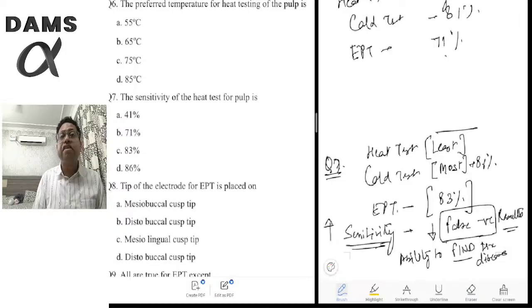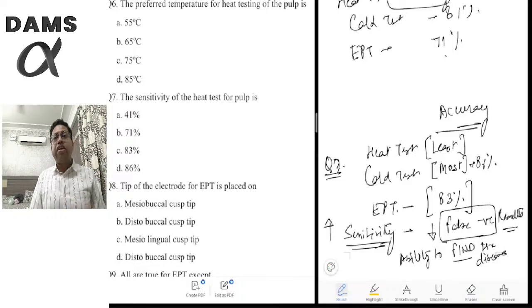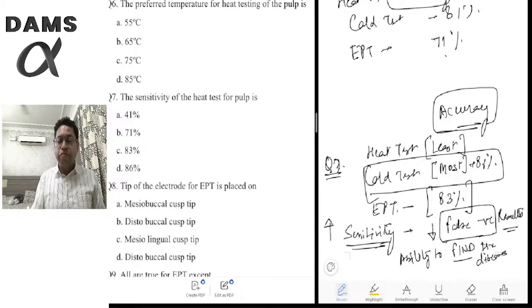This is sensitivity, and this is accuracy. A test that is both highly specific and highly sensitive is called the most accurate test. The most accurate test is the cold test and the most sensitive test is the heat test.